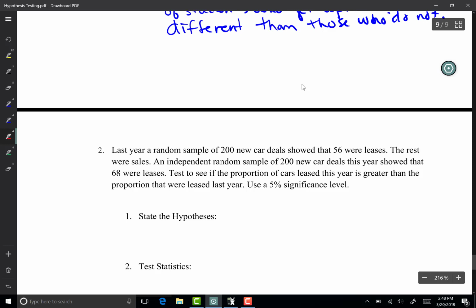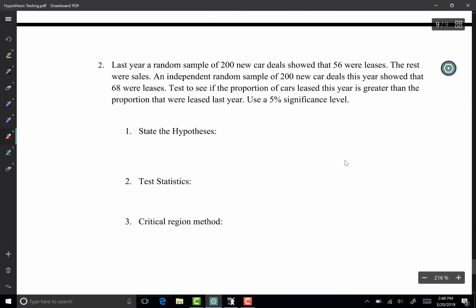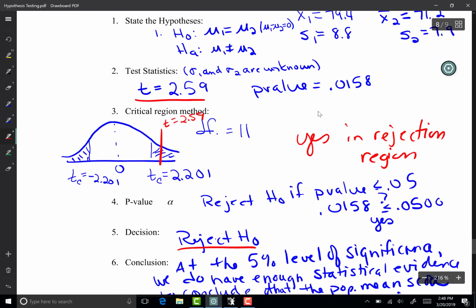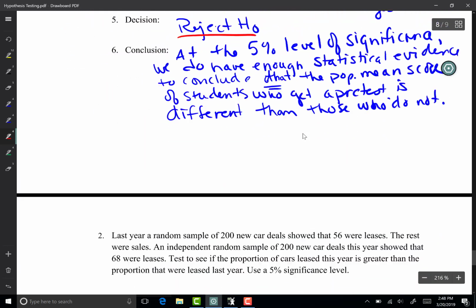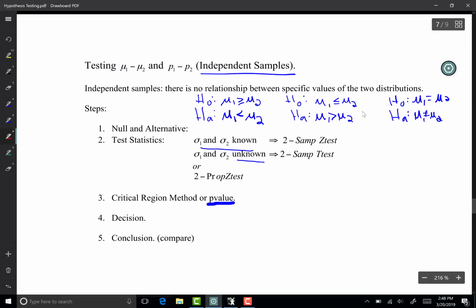Okay, let's look at another example here. This is where we're dealing with two proportions. So very similar to what we did with the one sample and our two independent samples with means, we can have the same situation where we have three different types of tests, only dealing with proportions.